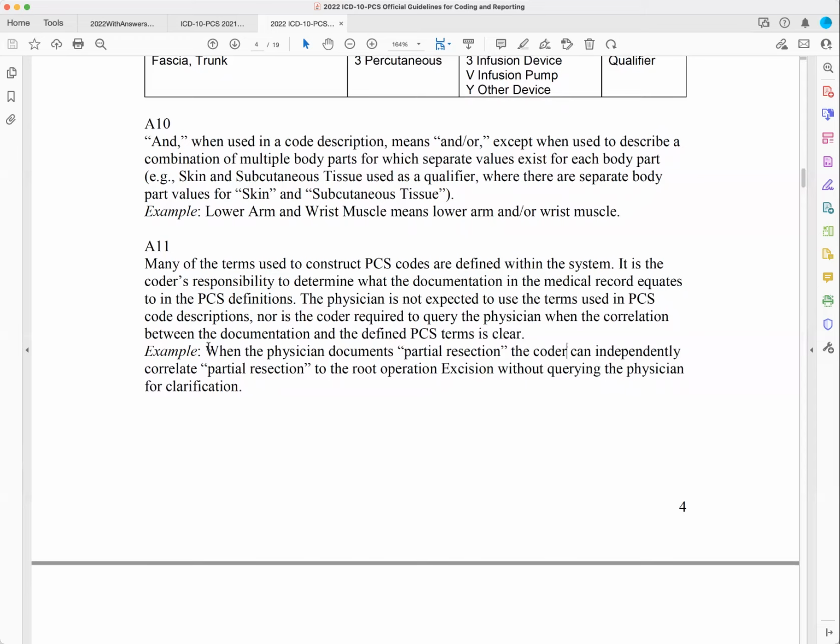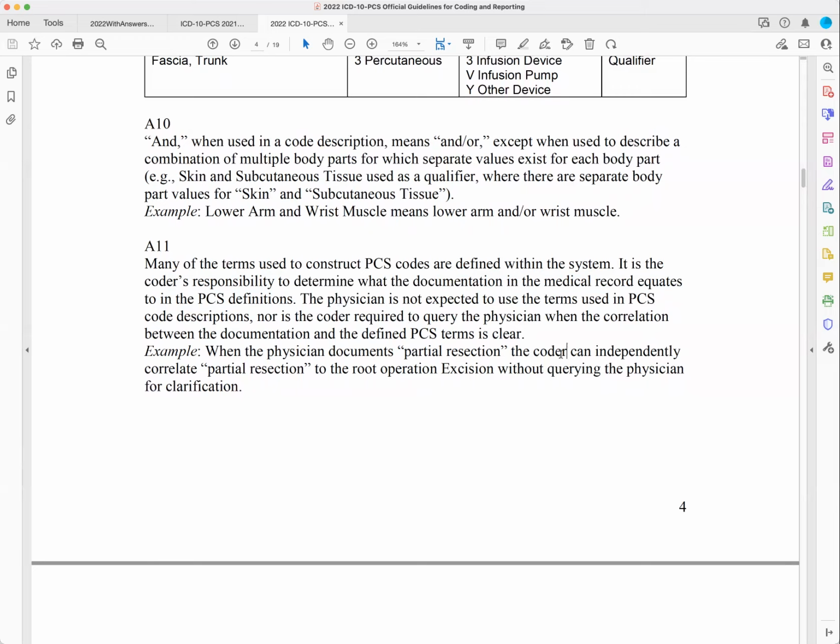A great example is the difference between excision and resection, which are very similar root operations. Excision is taking out a portion of a body part, whereas a resection is taking out all of a body part. So if the provider documents a partial resection, you don't need to query the provider.